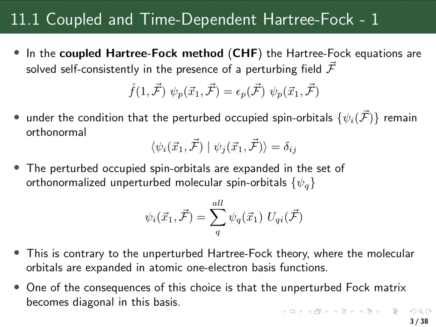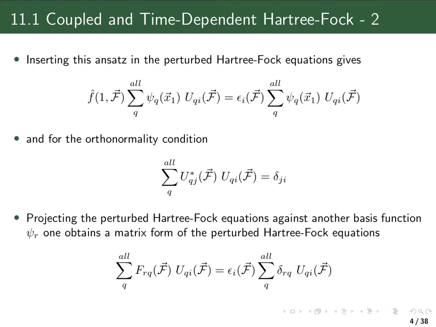What we do now is to insert this expansion of the perturbed orbitals up here into our perturbed Hartree-Fock equations. That is done in here. So we have the perturbed Fock operator acting now on this expansion of the perturbed spin orbitals, and also here the perturbed orbital energies multiplying these perturbed spin orbitals.